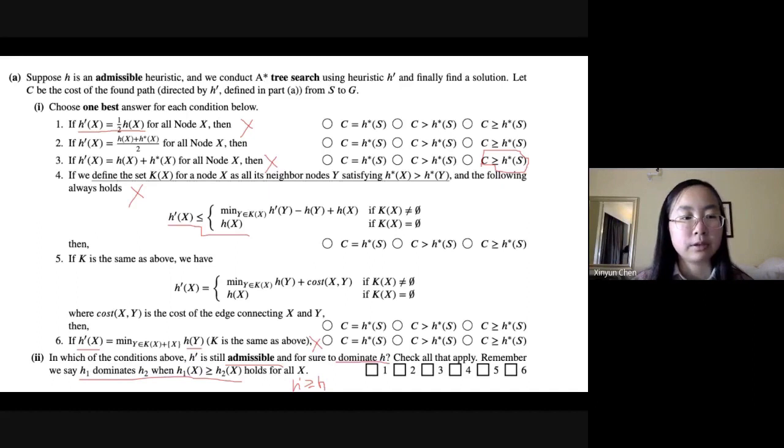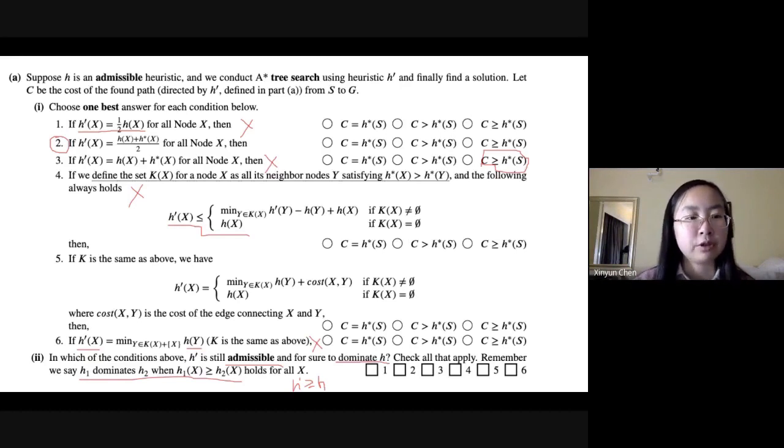So basically, the remaining conditions are the second or the fifth. For the fifth, in the next subproblem, we will show that h prime dominates h for condition 5 only when the heuristic h is also consistent, and we will defer the discussion later.